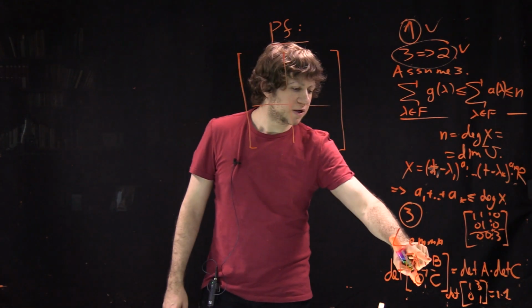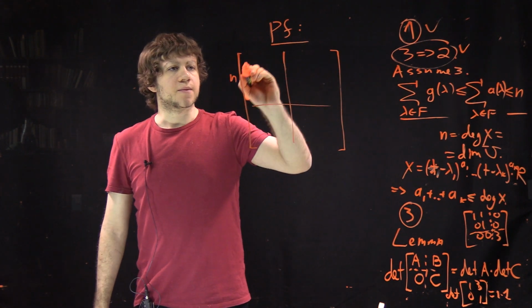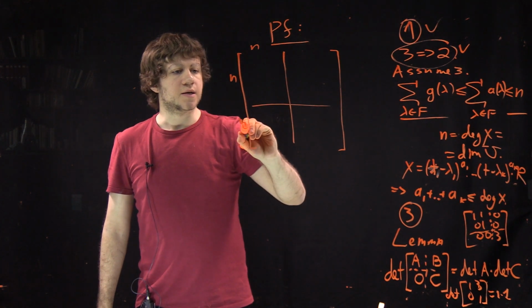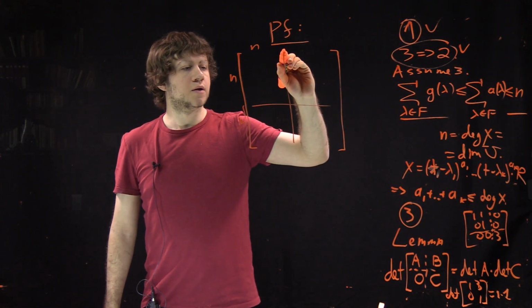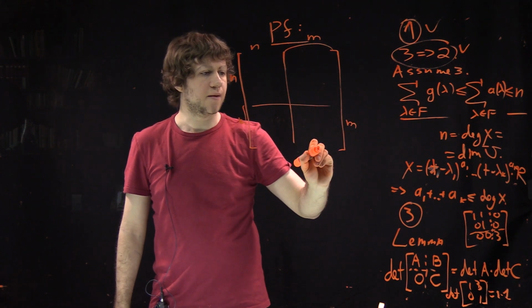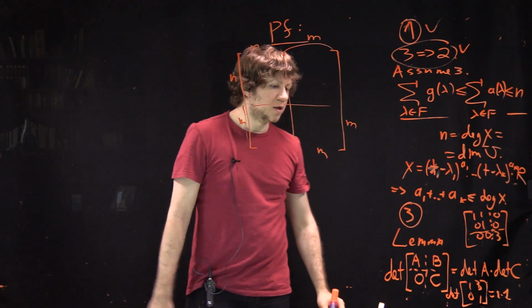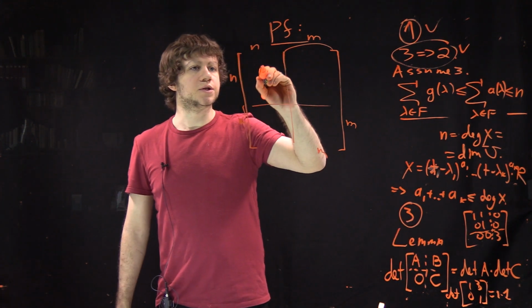Sorry, I meant A and C are square matrices. So basically this is some number n, this is some number m, and so this matrix is m by m, this matrix is n by n, and this matrix is n by m, but thankfully we are not trying to compute its determinant.